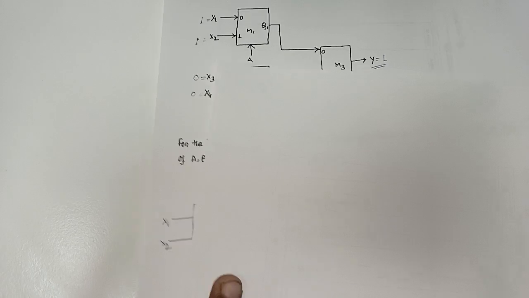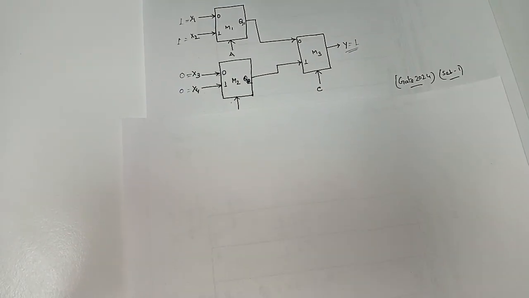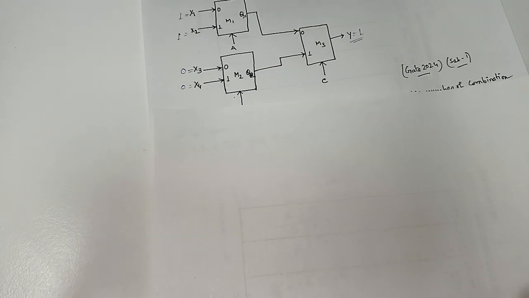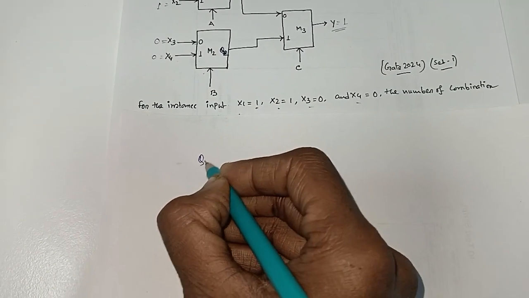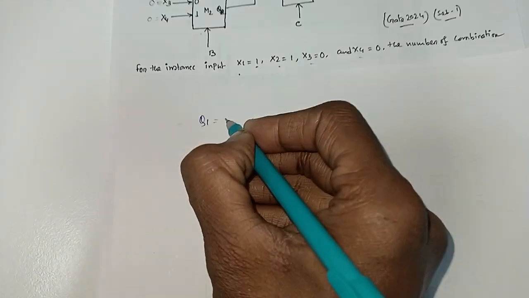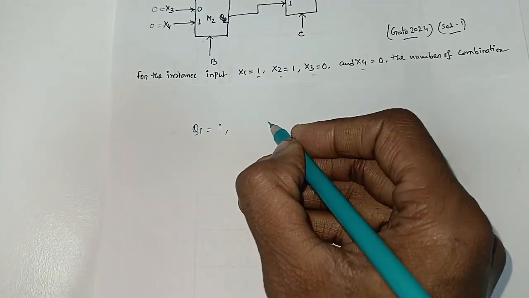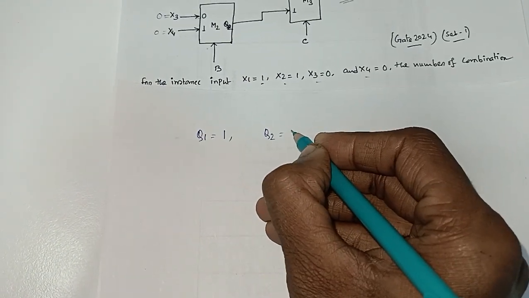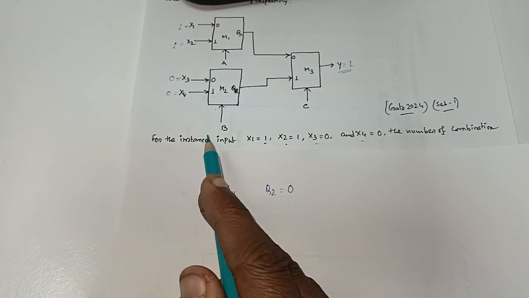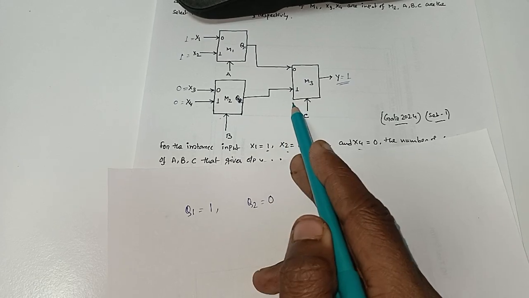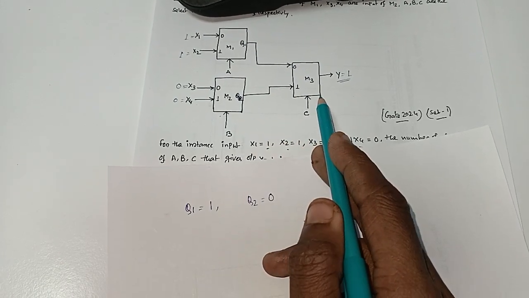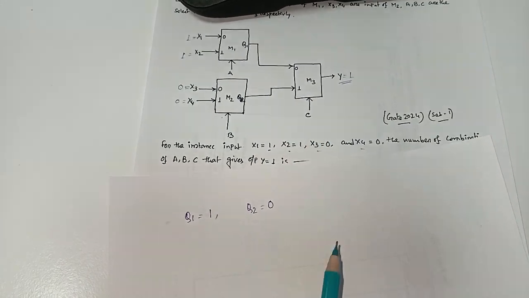So we can get q1 as 1 and q2 as 0. q1 is connected with the M3 multiplexer's 0 input, and q2 is connected with M3's 1 input, and c is the select line.